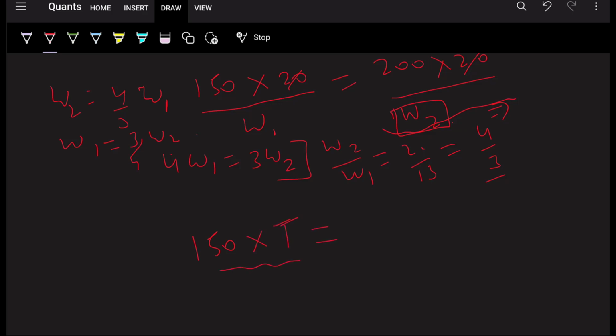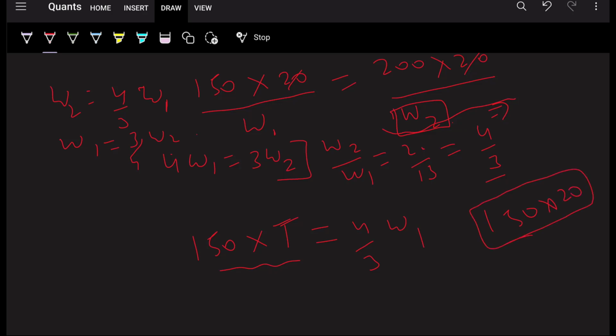This is the total work, and I will equate the total work by this. So the total work here will be W2, which is 4 by 3 of W1. And W1 is nothing but 150 into 20.